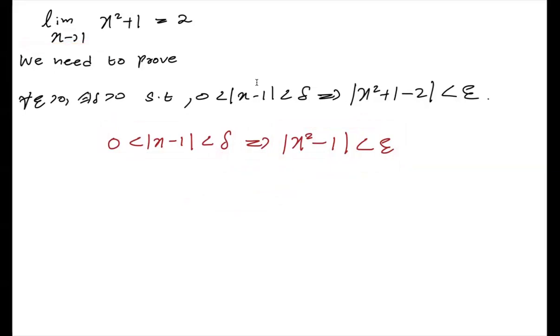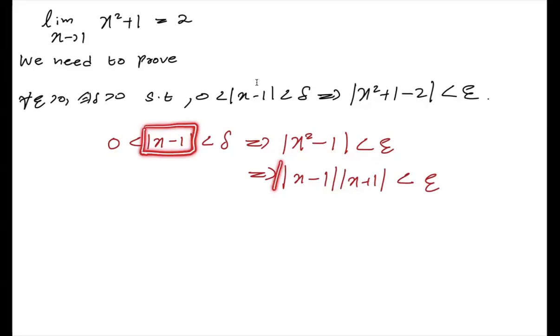Okay, so I just factorize this thing: x minus 1 times x plus 1, less than epsilon. Now this is a bit complex. Why? We have x minus 1 here, and we have x minus 1 here, but we cannot do much about this x plus 1 thing.